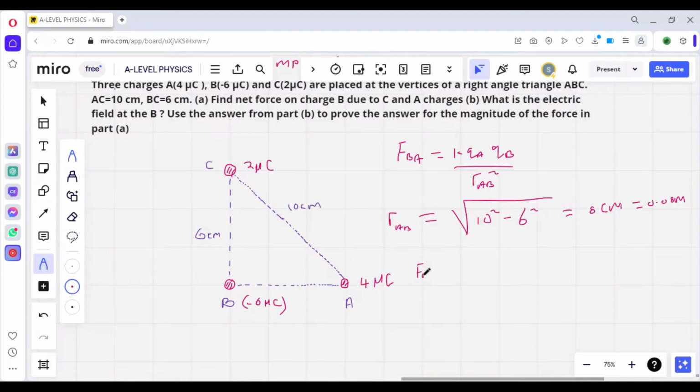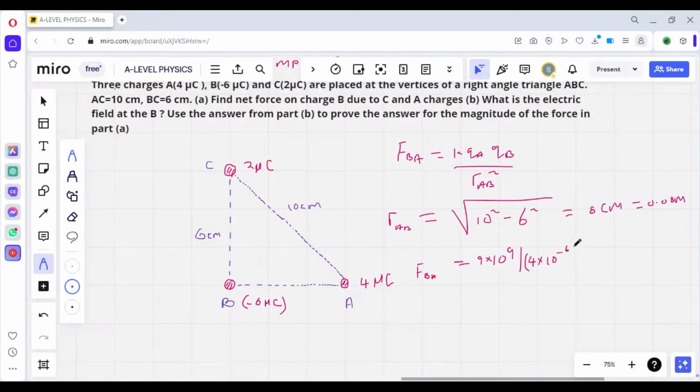Now we can compute the force. So the force at point B due to the charge at point A is 9 times 10 power 9 times the magnitude of the product QA and QB. QA is 4 microcoulomb, and a micro is 10 to the power negative 6.